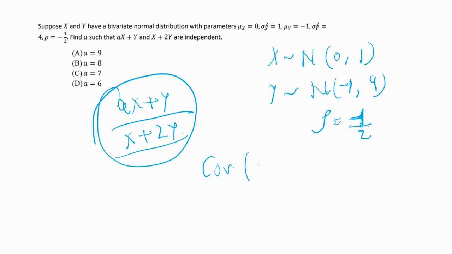So covariance between ax plus y comma x plus 2y is equal to 0.